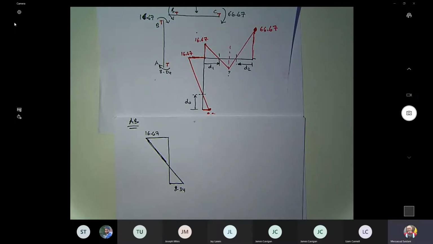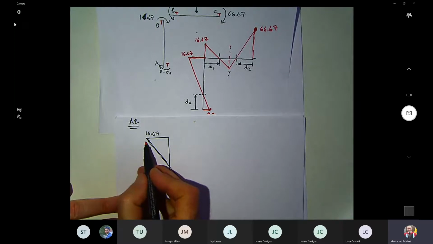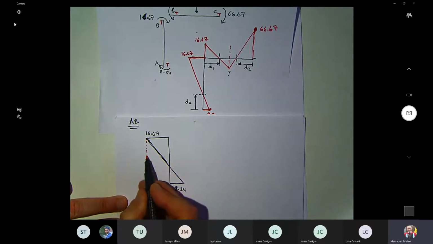I'll show you what I mean by similar triangles. See, if I extend this line here, parallel to this, yeah?